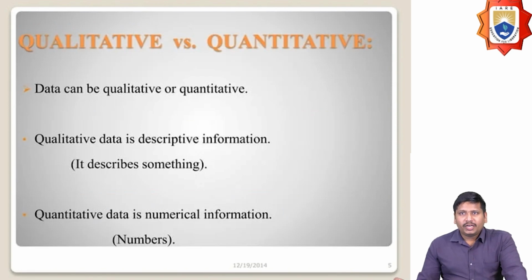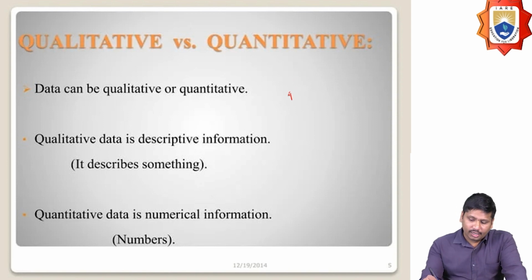So what are qualitative data and quantitative data? You have to be familiar with this, whether the data is qualitative or quantitative. Qualitative means it is in the form of descriptive information, it describes something, whereas quantitative means it is in the form of numerical information, that is, numbers.